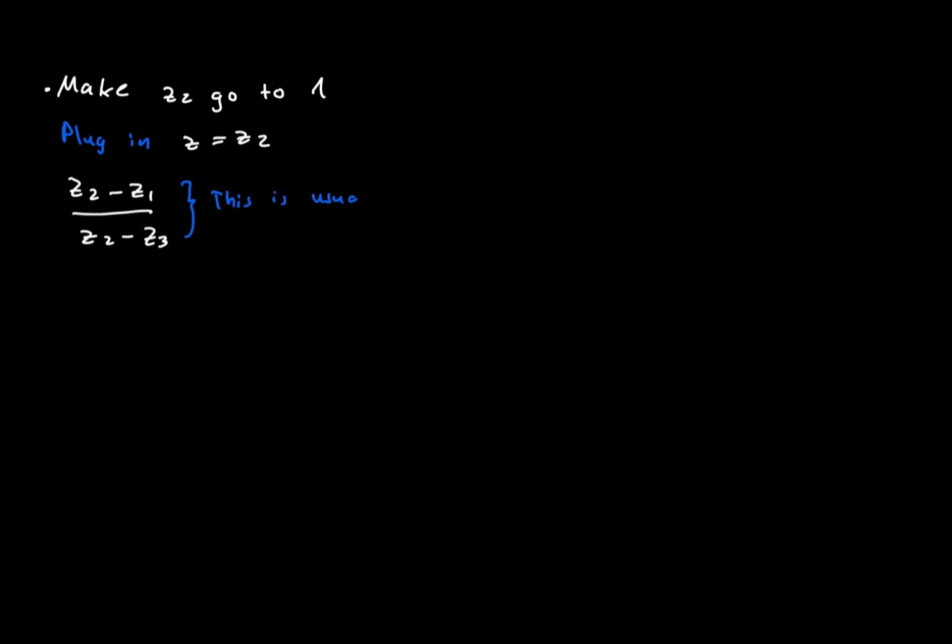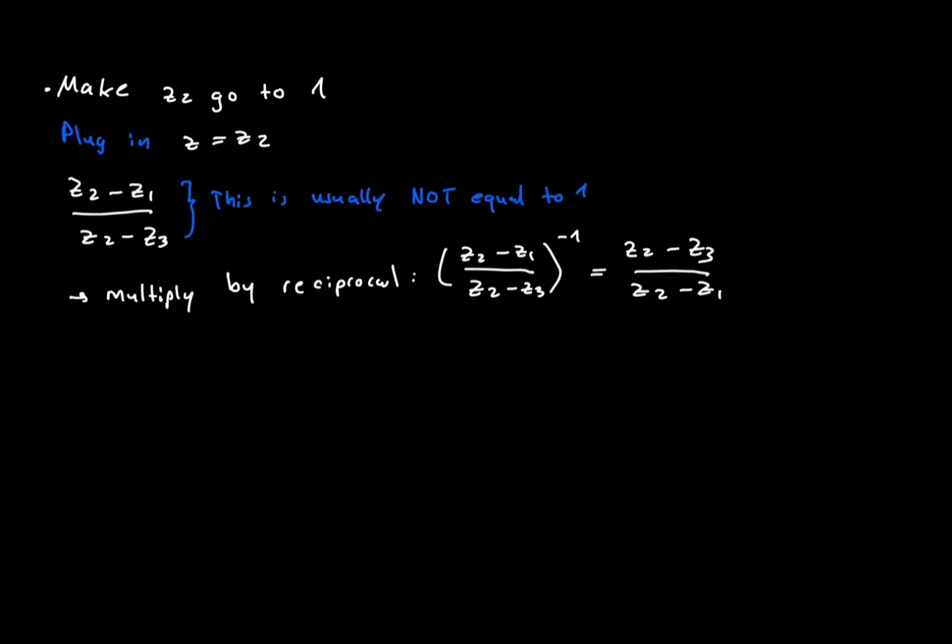But we also want z2 to become 1. When we plug in z2, we get (z2 minus z1) divided by (z2 minus z3). This is not necessarily 1, so we multiply by the reciprocal.